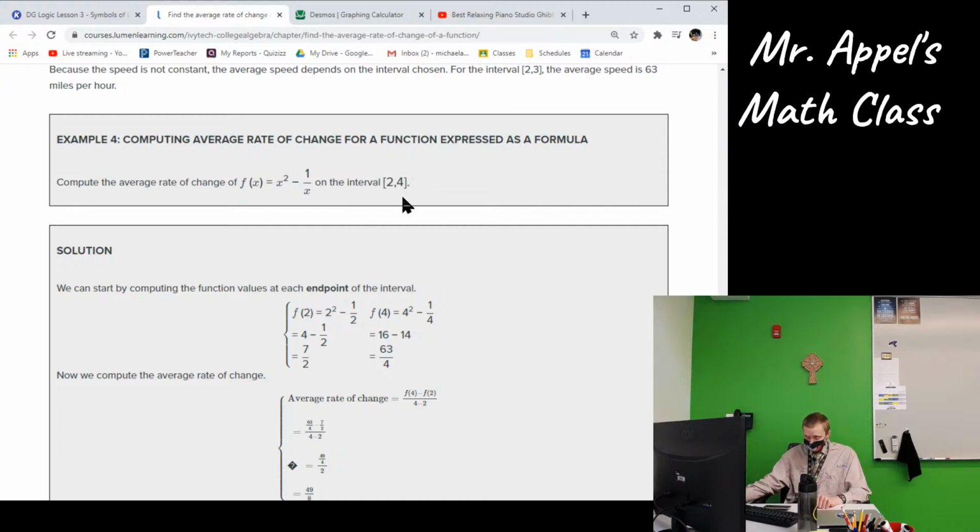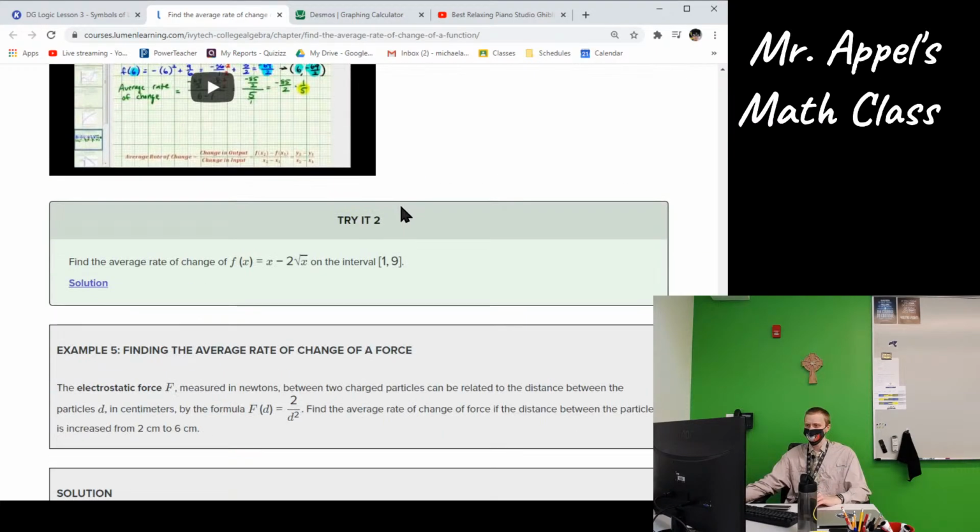Square brackets, that means including. So our x2 is 4. Plug that in to find y2. x1 is 2. Plug that into the function to get y1. Right? And I think that's what you'll be doing on try it 2. Yep, here's the function, here's the interval. Okay, so instead of reading from the chart, you'll have to plug and chug to get some of those values.